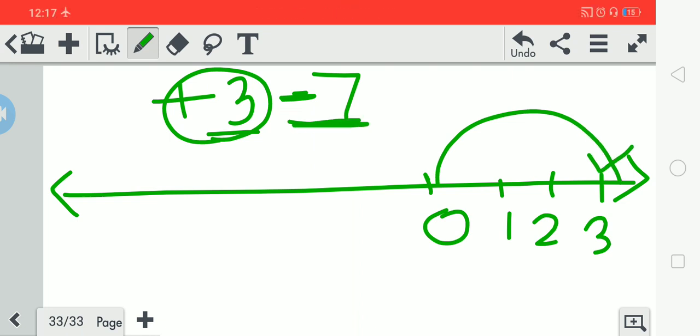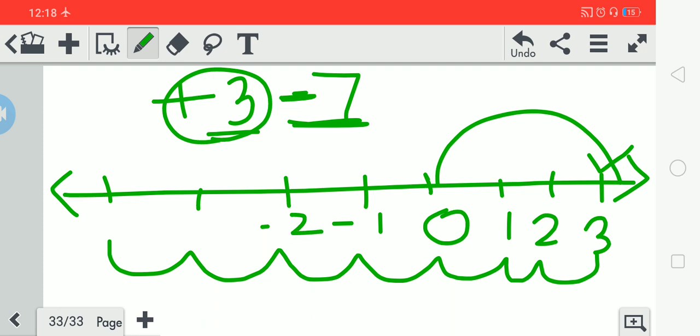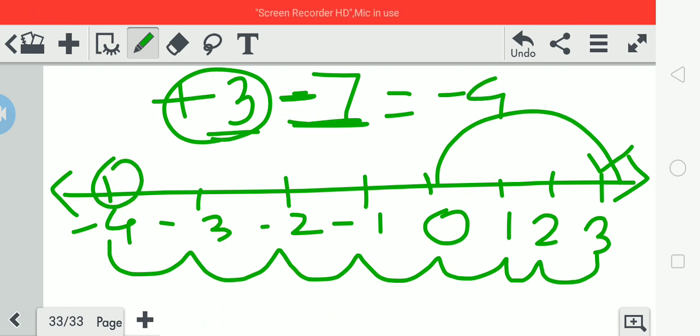Now minus 7 is there. Minus means 7 moves to the left side: 1, 2, 3, 4, 5, 6, 7, right? So I get this position: 0, minus 1, minus 2, minus 3 and minus 4. So you reach the minus 4 position. So the answer of this question is minus 4.